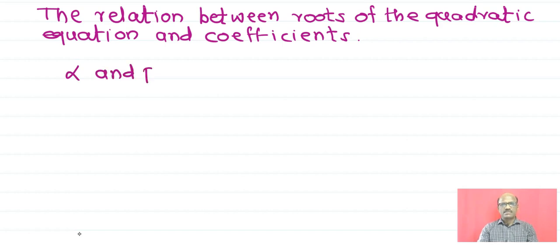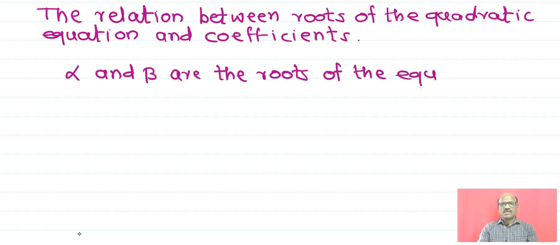Alpha and beta are the roots of equation ax square plus bx plus c equals to 0.